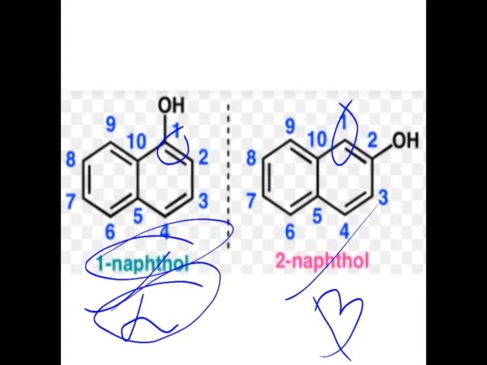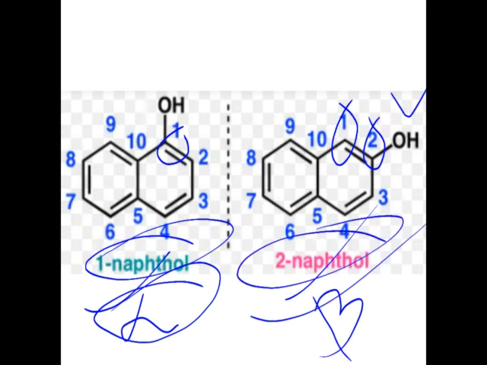It is also called as the alpha naphthol. And at the second position, the hydroxy group is present. It is called as beta naphthol. It is also called as the 2-naphthol. So depending upon the position of hydroxy group, the naphthol compound is the 1 or 2-naphthol.